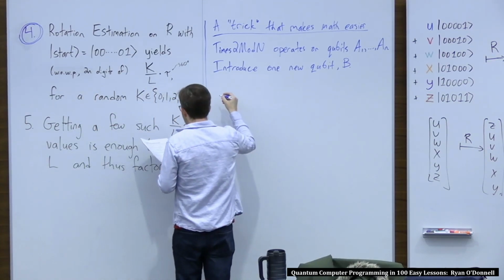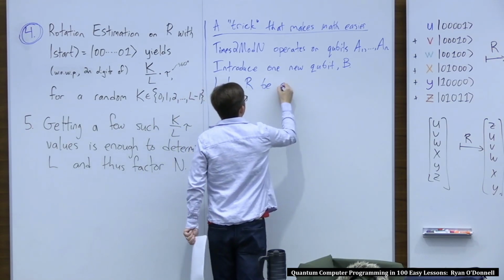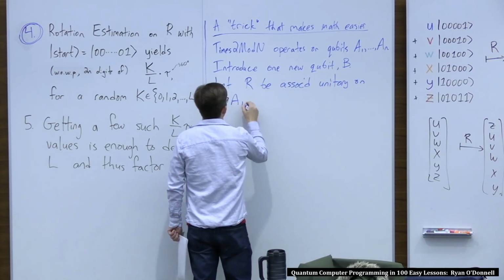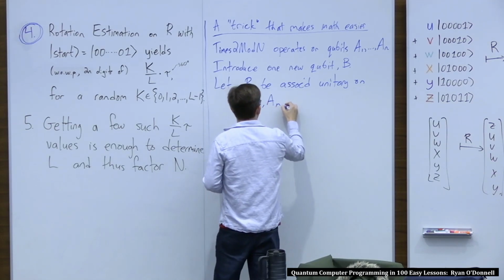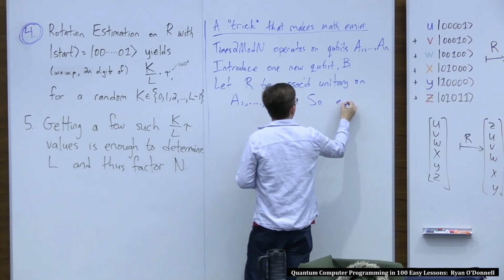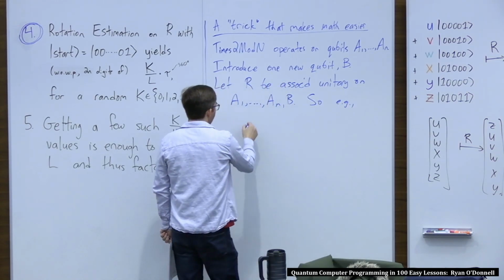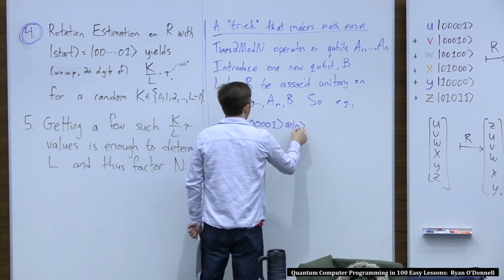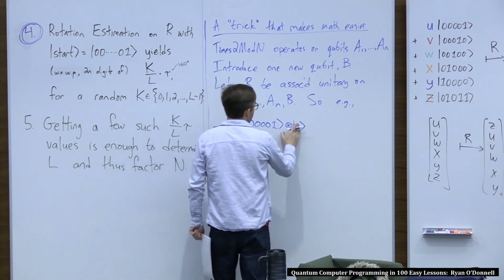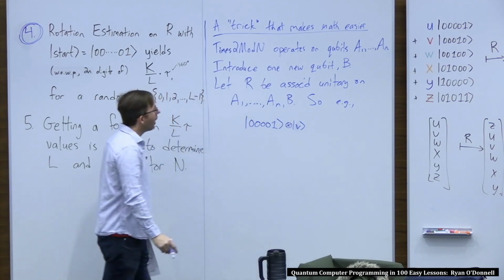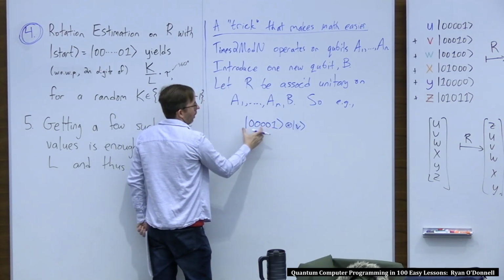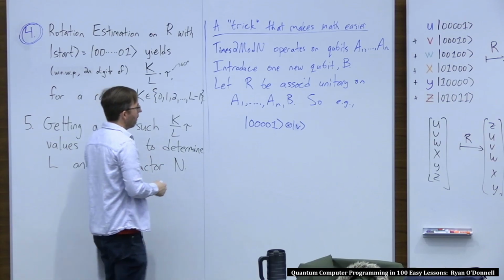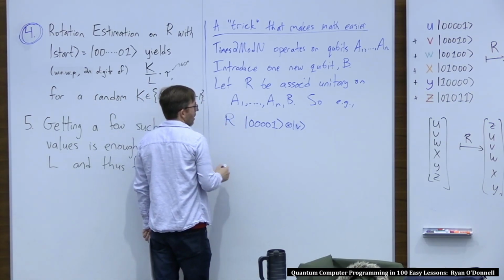So let R be the associated unitary on A1 through An and B. So in our example, a state might be this encoding of 1 in the A bits, and some other vector qubit state for B. And R, how does it act on this?